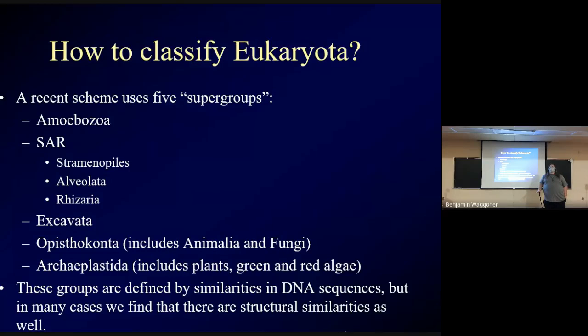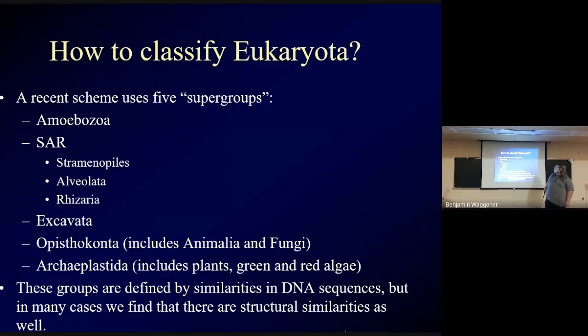Stramenophiles includes lots of things, but among others, it includes brown algae and golden algae and the potato blights that nearly wiped out Ireland in 1847, and various others.